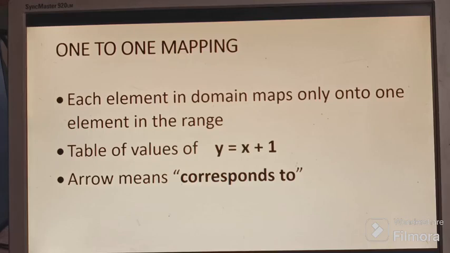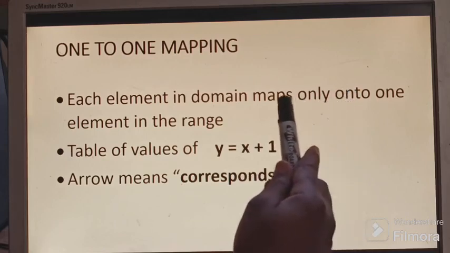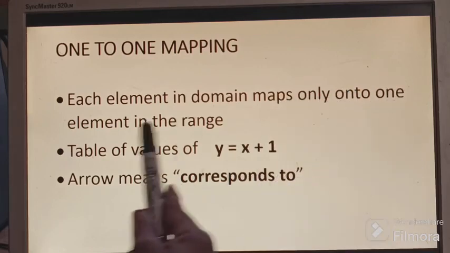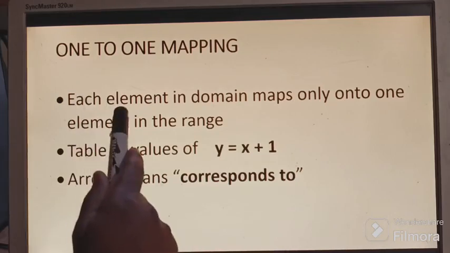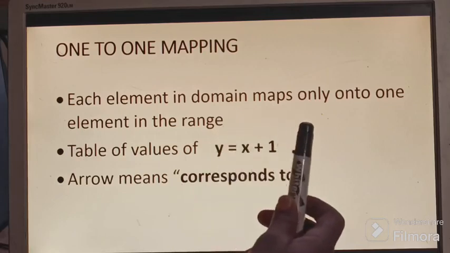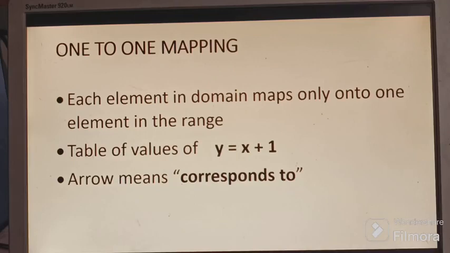So the domain is where the input elements are, maps onto only one element in the range. So remember the range is where the outputs are. So we're saying when each element in the domain has been mapped onto only one element in the range, that's a one-to-one.